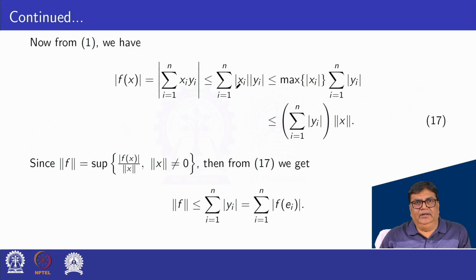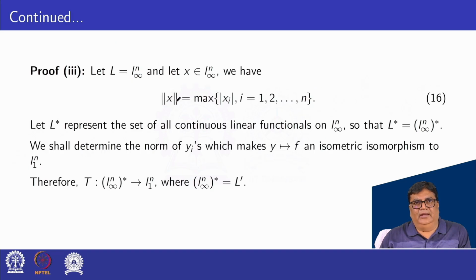So taking x1 as max of mod xi, x2 also max of mod xi and so on, max of mod xi can be common. This is also less or equal to max of mod xi times summation i is equal to 1 to n mod yi. And max of mod xi is norm x.